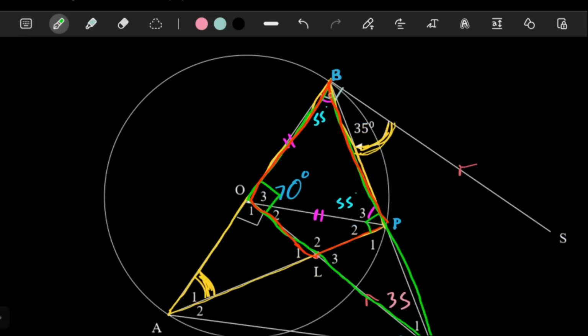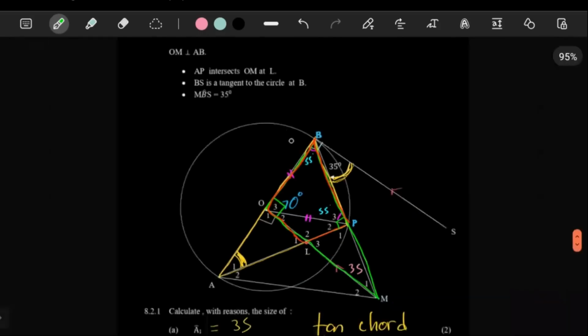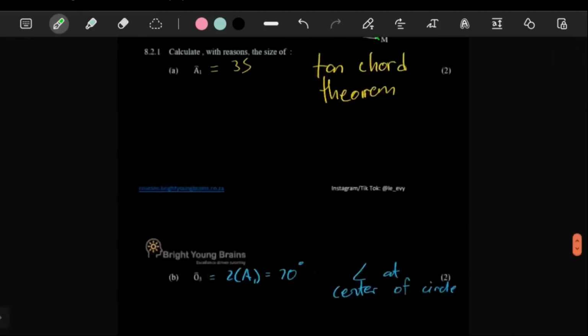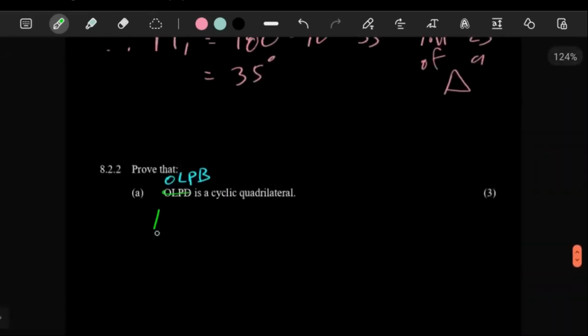So let's tell them that we know that BPA is 90 because it's an angle in a semicircle, because it's subtended by the diameter of the circle there. So BPA is equal to 90 degrees.